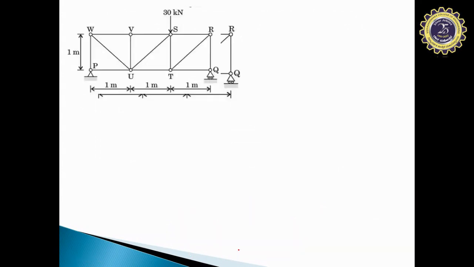Okay, so now we found that RQ is 20 kilonewton. Any doubts here? So now that we found RQ, we can find RP. Is it easy to find RP? Yes.